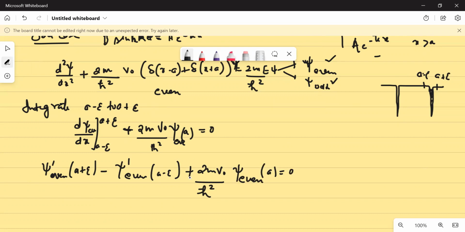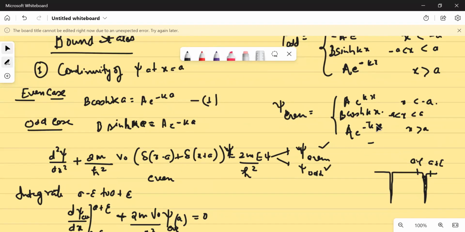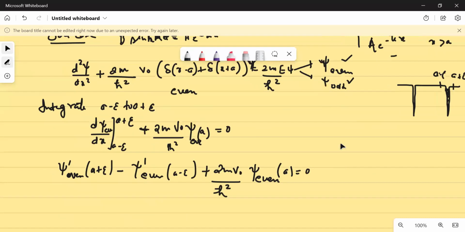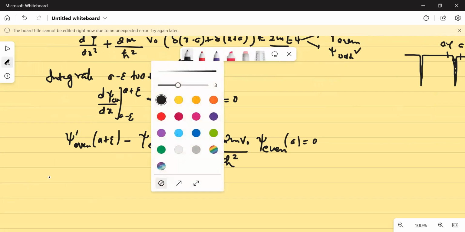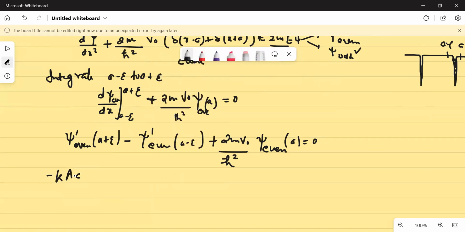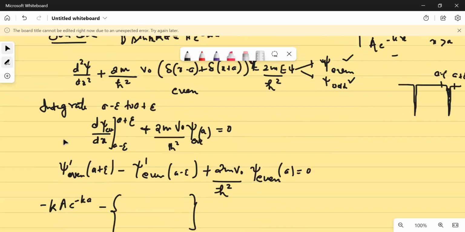Now, if I take the right hand derivative, what is right of A? Right of A is this value, that is e^(-kx). So if I just differentiate it, what would I get? I would simply get minus ka e^(-ka). And to the left of A, my wave function is some cosh. So what will it become? It will become some sinh, because the derivative of cosh is sinh, and this will be kb sinh(ka), with a negative sign overall.